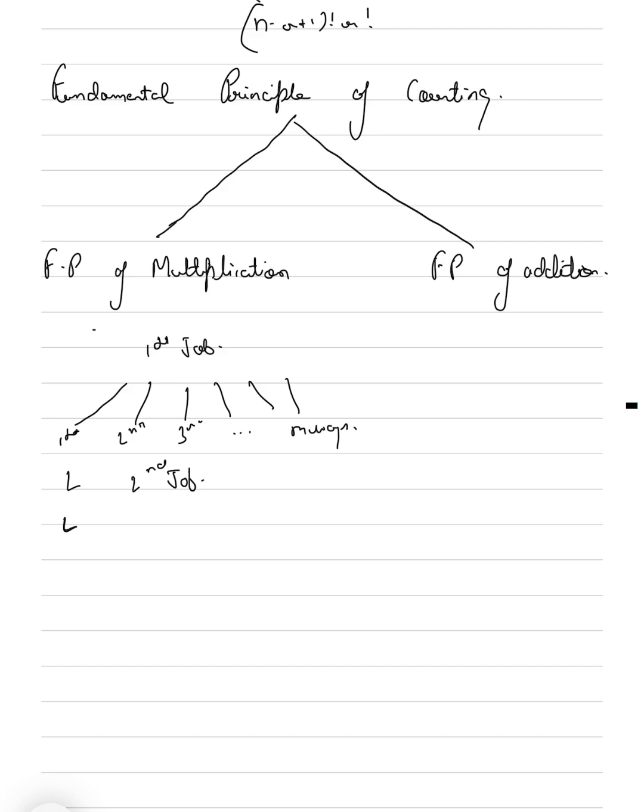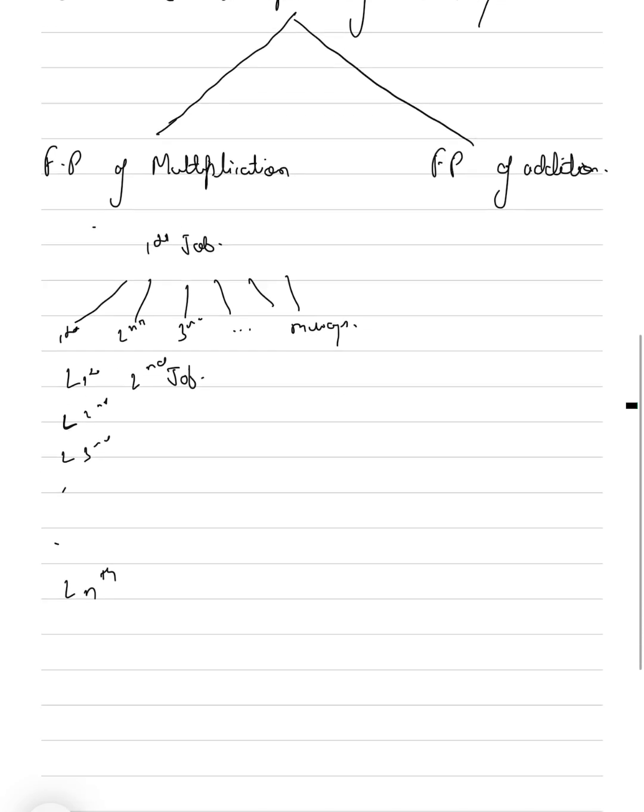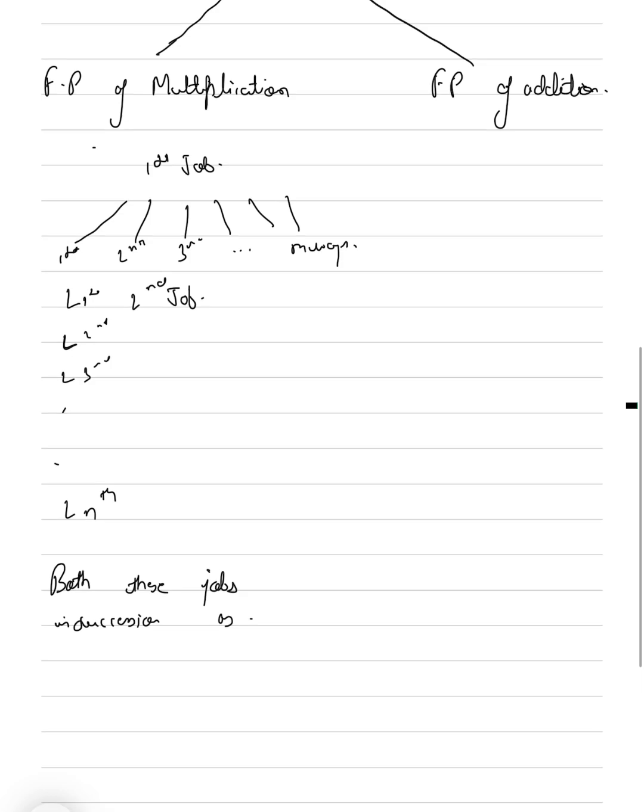You can perform the second job in the first way, second way, third way, and n-th way. So you can perform both these jobs in succession in m into n ways.